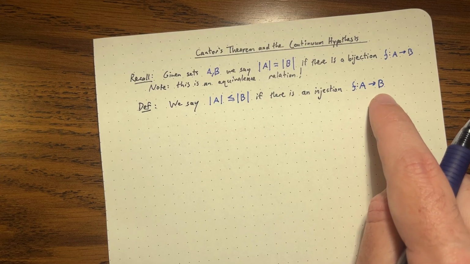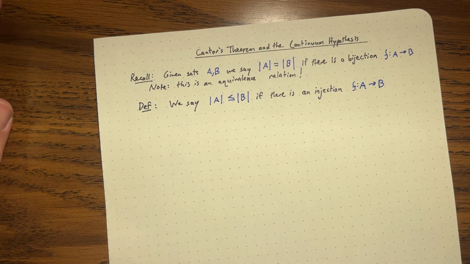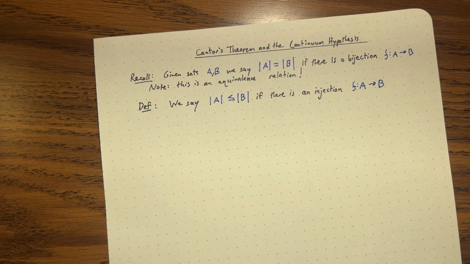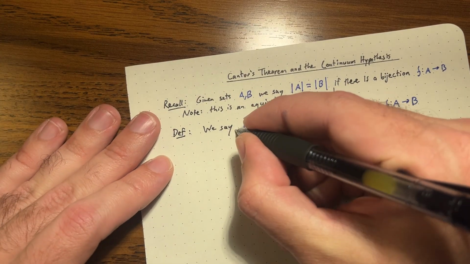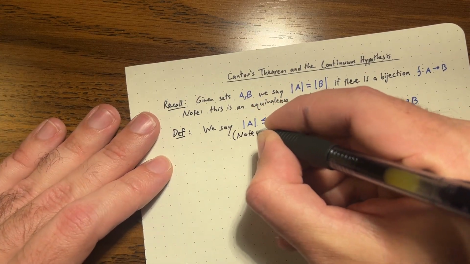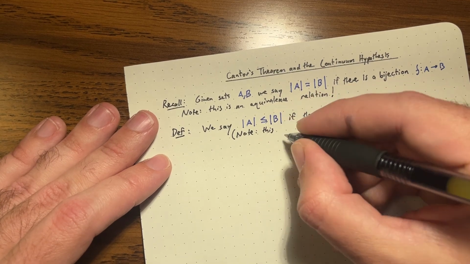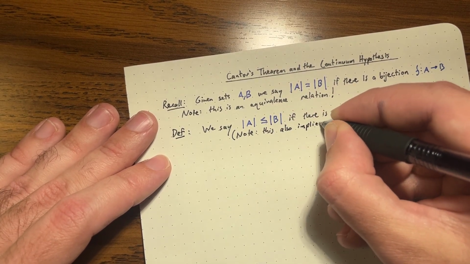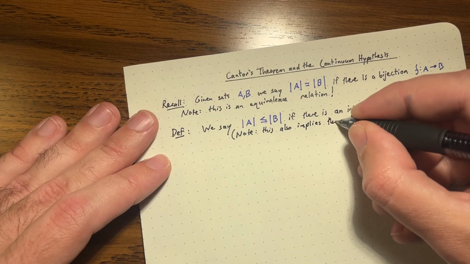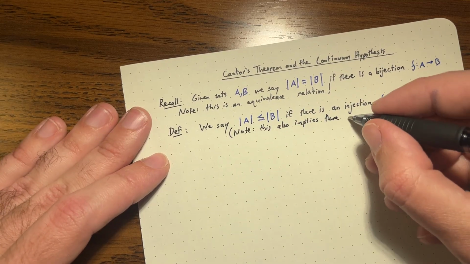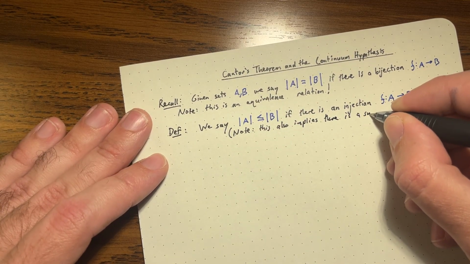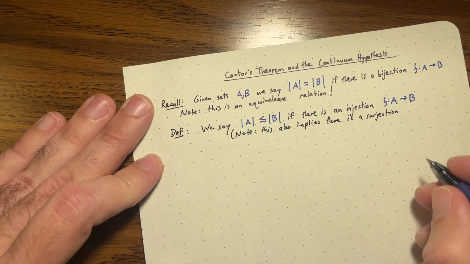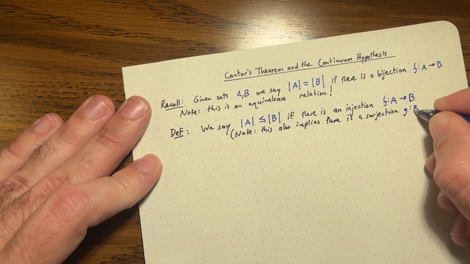You can view A as a subset of B, or in correspondence with a subset of B. By the way, the other way we could have phrased this is, note this also implies that there's a surjection from B to A.